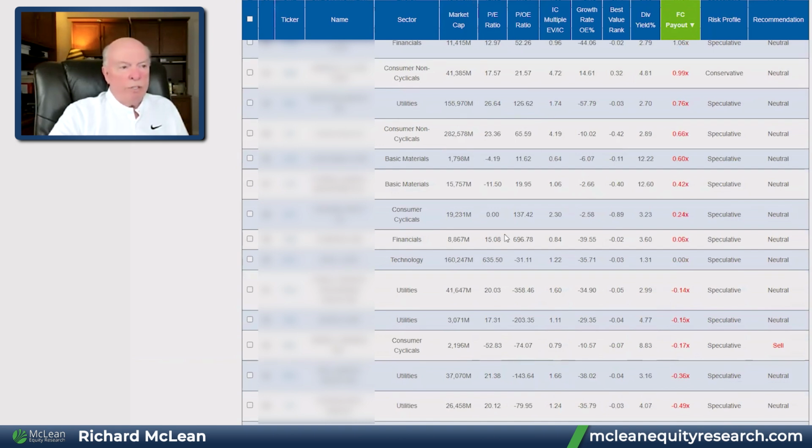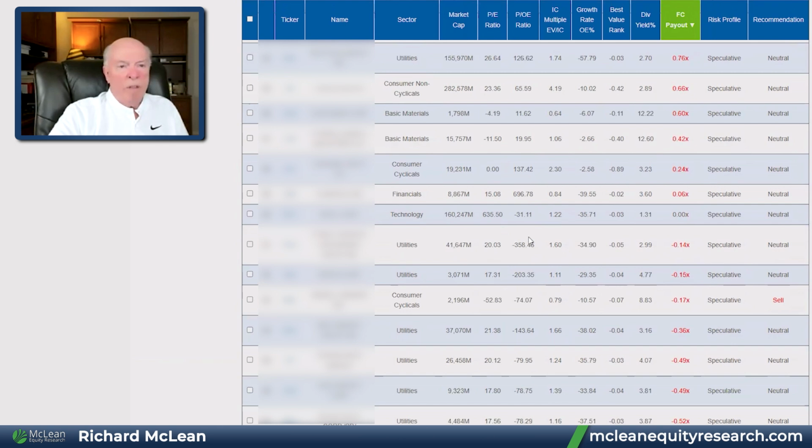So the next question is, if they don't have the cash flow, it has nothing to do with net income. Dividends are paid out of the cash flow statement, out of free cash. If they don't have free cash, there's only two things they can do. They can borrow money to pay the dividend. That's not good for your principal. Or they can sell stock to pay the dividend. That's not good for your investment.